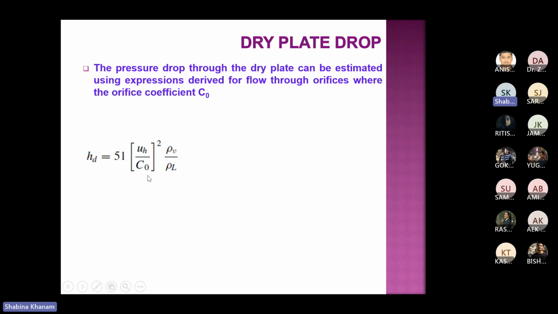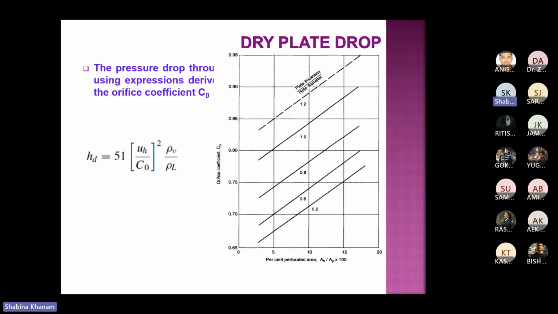Okay, so like yesterday we discussed, hole area to active area may be 8%, 9%, 10%, like that. Based on that, we find out this UH, and then HD we can calculate once I know CO. So how much CO we can have, like here I'm having percent floor perforated area.